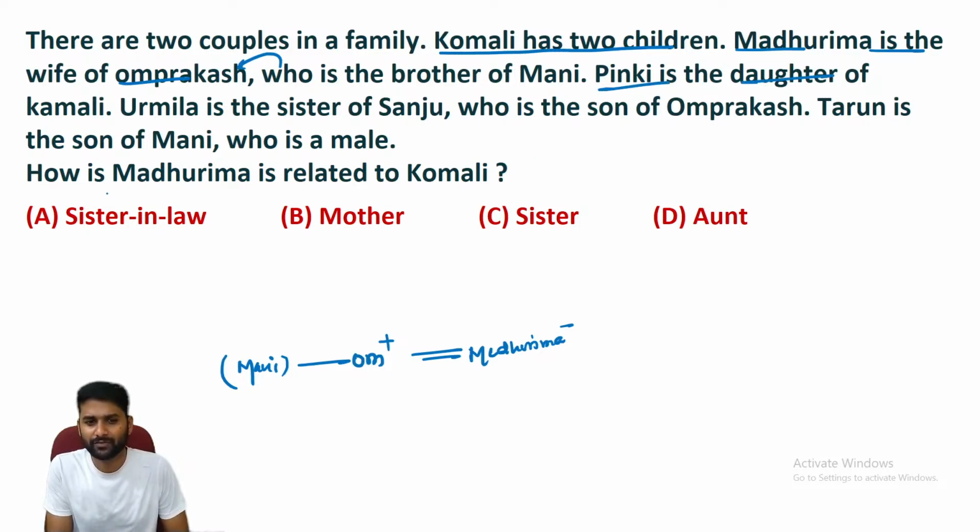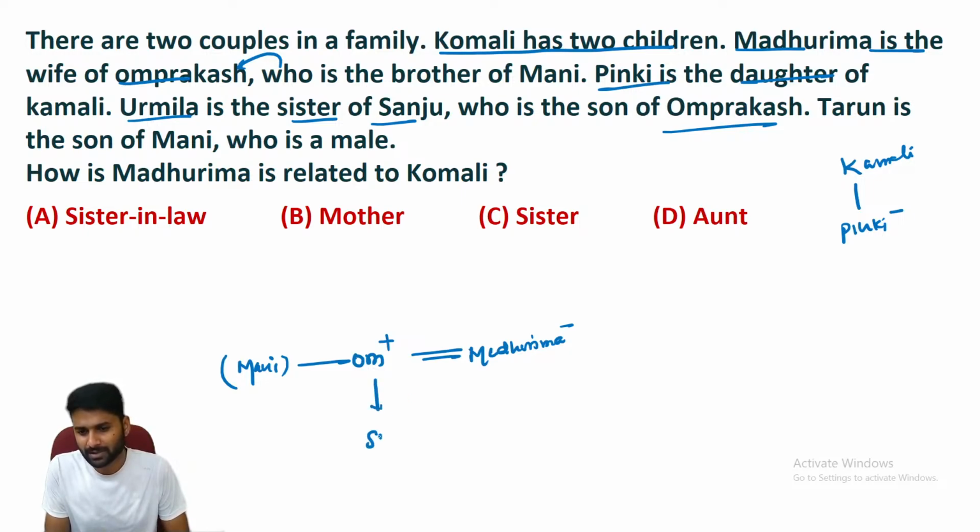Pinky is the daughter of Komali. And Urmila is the sister of Sanju, who is the son of Om Prakash.